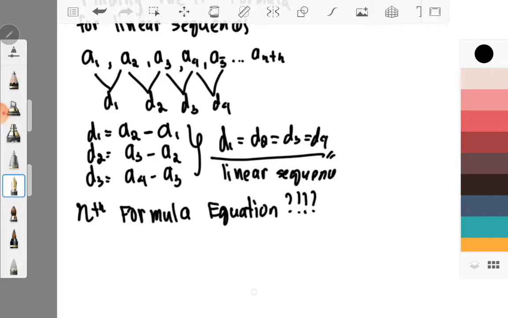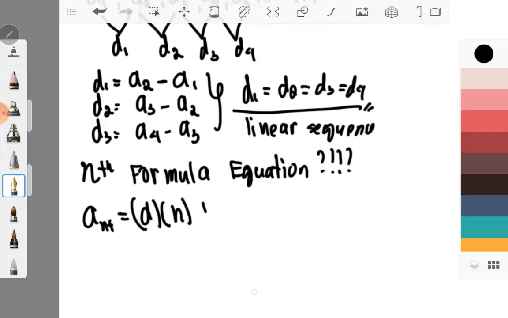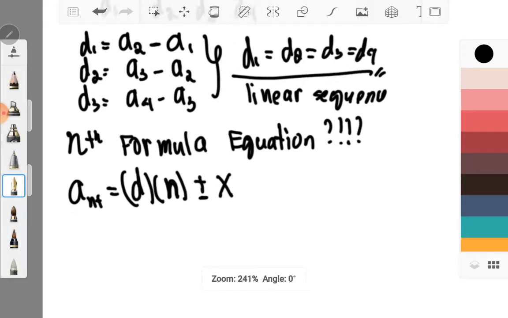Actually, our nth formula equation is solvable by, let's say, I have an an. My an is just equal to d multiplied by our n plus or minus x. That is my equation. That is my formula. So, paano naging ganun?